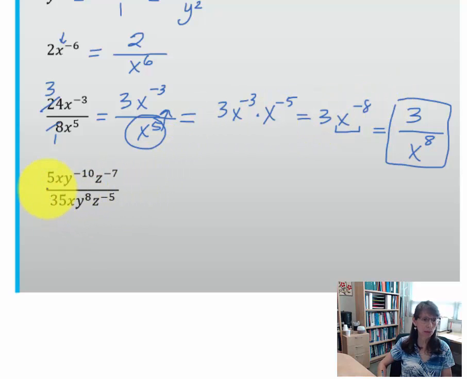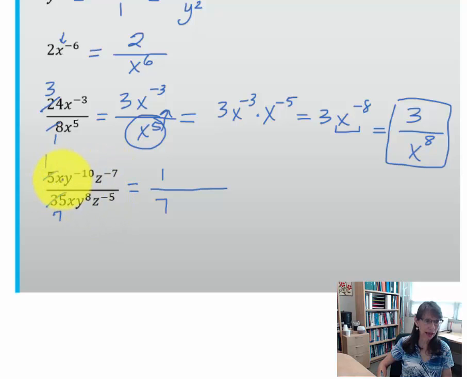In the last example, we've got some numerical coefficients again, 5 and 35, and both of those are divisible by 5. So I can start my reducing with 1/7. So I know I'm going to have 1/7 in my final answer. Now I have bases of x, y, and z.